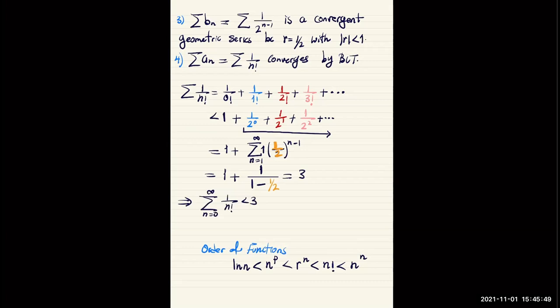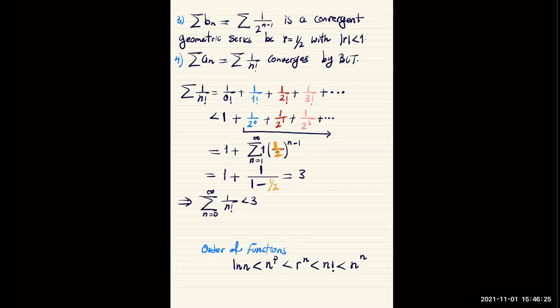And what number do you know, an important number, that's less than 3? E. Yes, E. Very important. So again, the most important number is pi, and I think E is as important as pi. Pi has been mentioned more often, but E is almost as important.